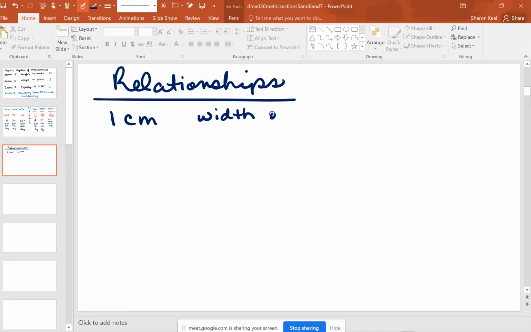Let's say the width of your fingernail. Depending on the size of your hand, it could be maybe 1.5 to 2 centimeters, but a centimeter is about the width of a fingernail. A meter, 1 meter, is about the length of a yardstick.